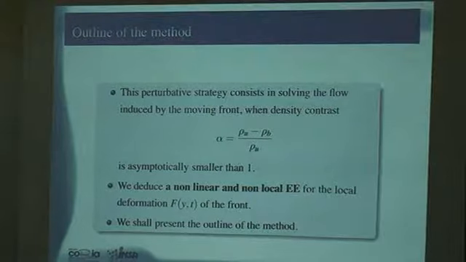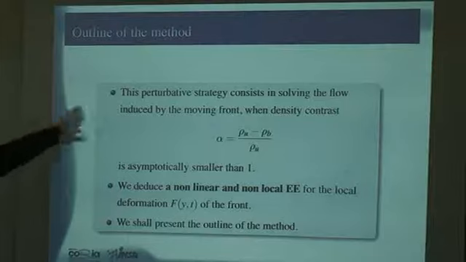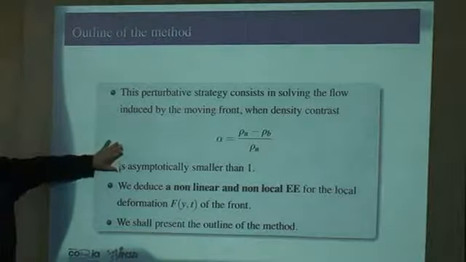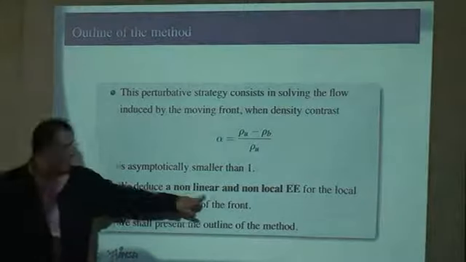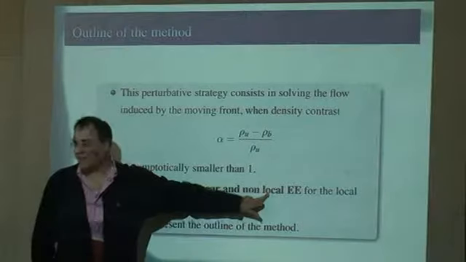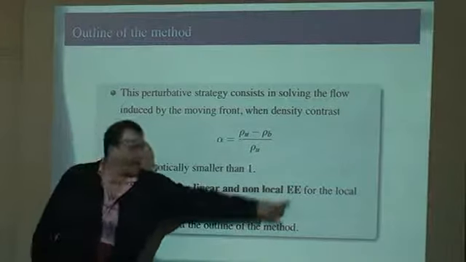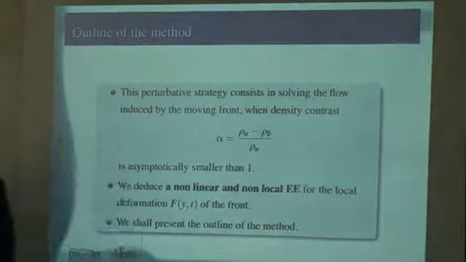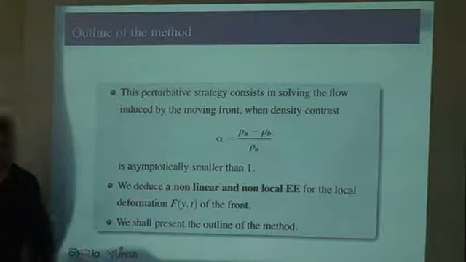This is the idea by Sivashinsky. From this asymptotic expansion, we shall deduce a nonlinear, non-local evolution equation for the local deformation of the front. The problem is elliptic, so it cannot be local.